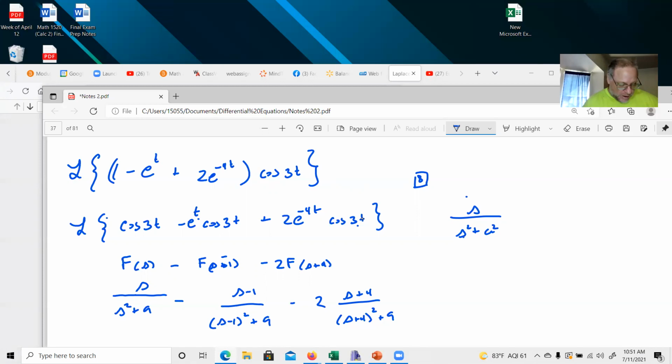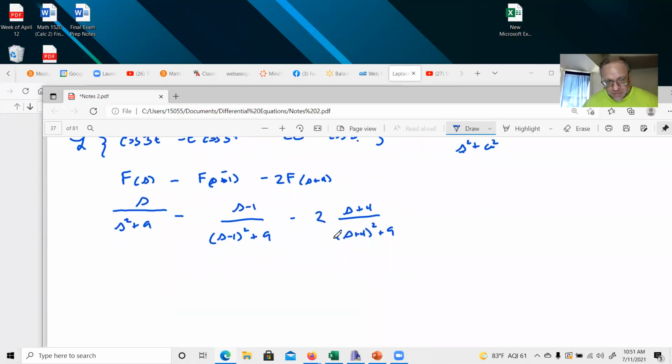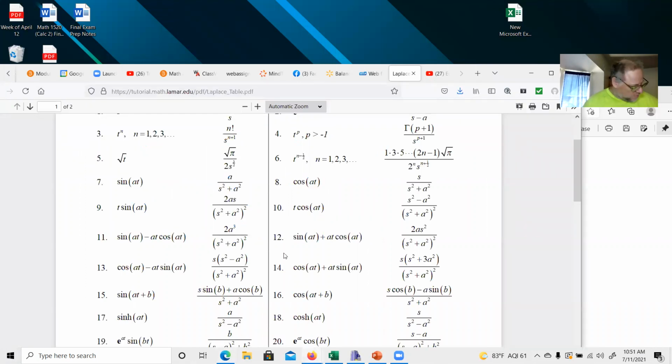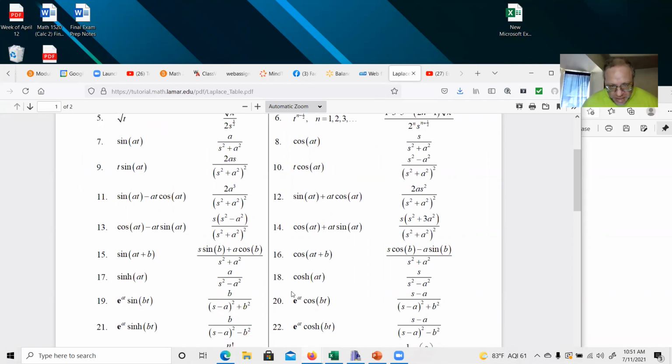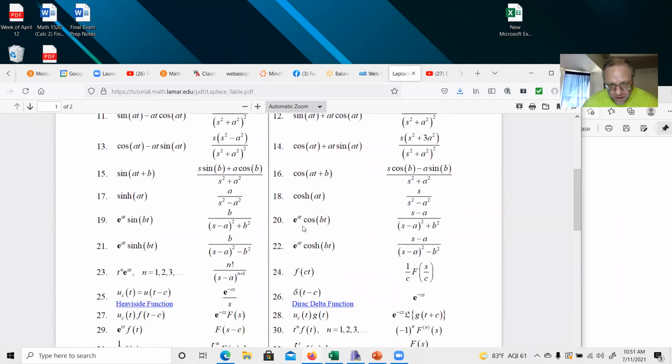Now, I'm not going to memorize anything more than I have to, but that's fine. So check it out, let's work down which ones they would be. If I look at table entry number 20, they tell you e to the at cosine bt is s minus a over (s minus a) squared plus b squared.